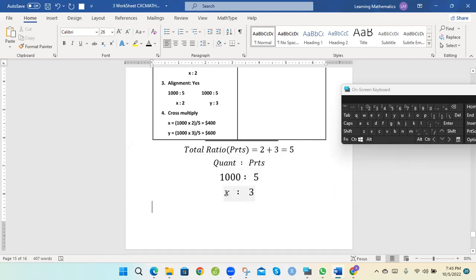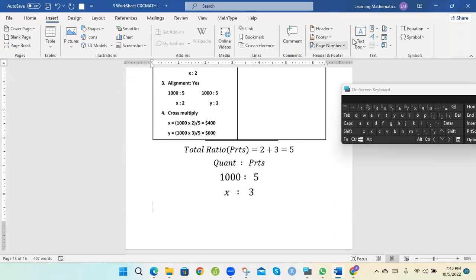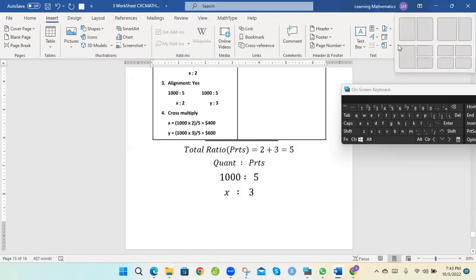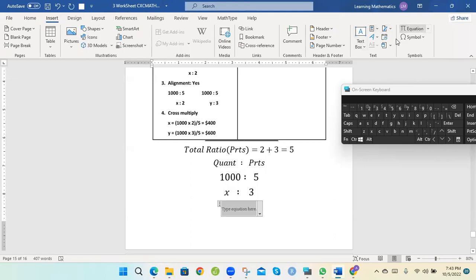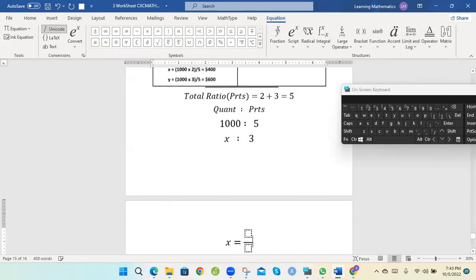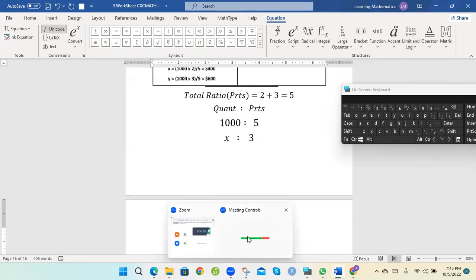So now we're going to find the quantity for the part of 3. The rule is that you always divide by the number diagonally away from the letter. So you see X and you see 5, we have to divide by 5. So it's not just cross multiply, it's cross multiply and divide. X is equal to, you put a division sign, and under the division sign we put 5.